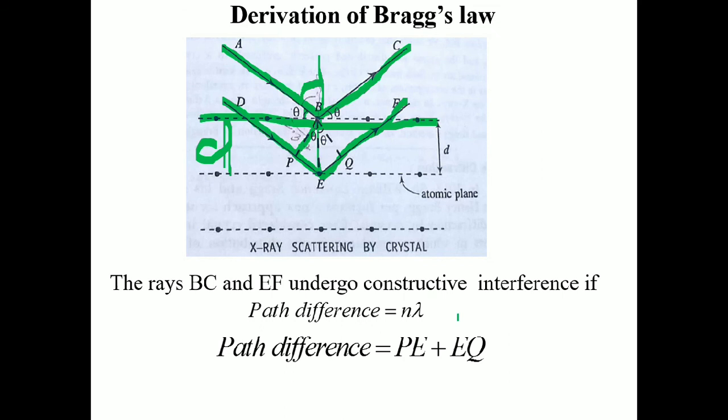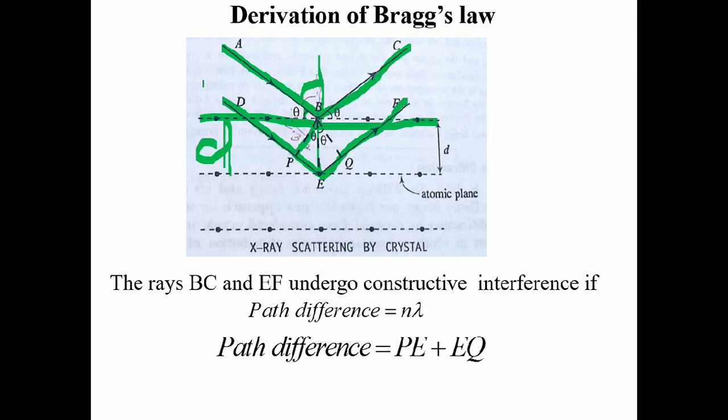What is path difference? It is the difference in the paths traversed by the two rays undergoing interference. For example, the ray ABC is the path traversed by the first X-ray, and DEF by the second. Since this is the ray penetrating a little deeper into the crystal, it travels more distance.